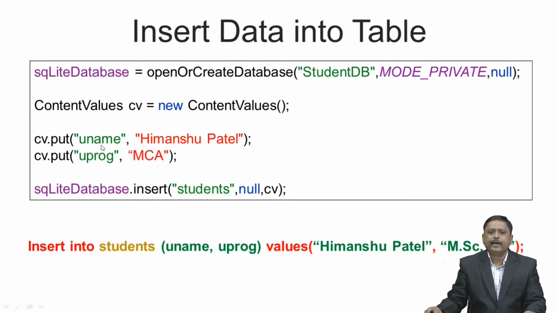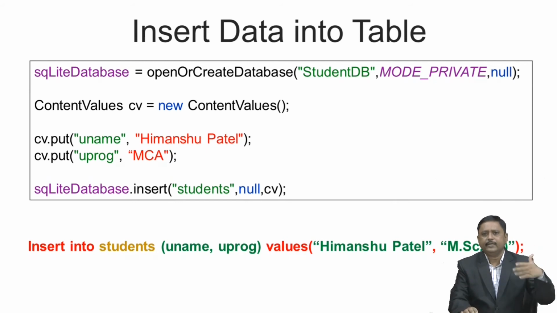Remember, inside create we provided the name uname, and this refers to the actual value of username, and uprog refers to MCA. Now, you might be surprised why I have not specified ID. The reason is that we have specified auto increment for ID.